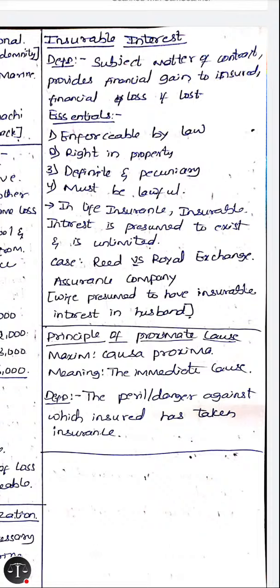So the uncertain events for which the insured is taking insurance are called the proximate cause. Even if he suffers damage due to multiple reasons, only those reasons for which he has taken insurance will be considered the proximate cause, and he will be given insurance.